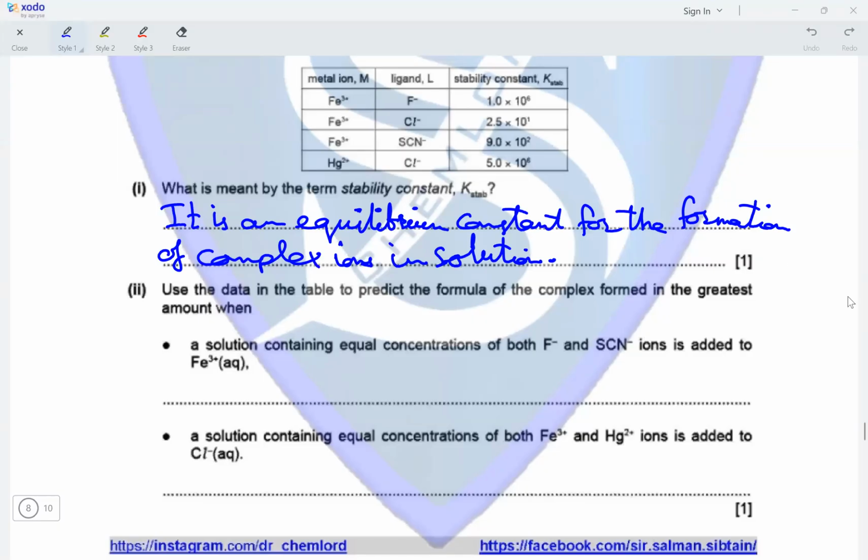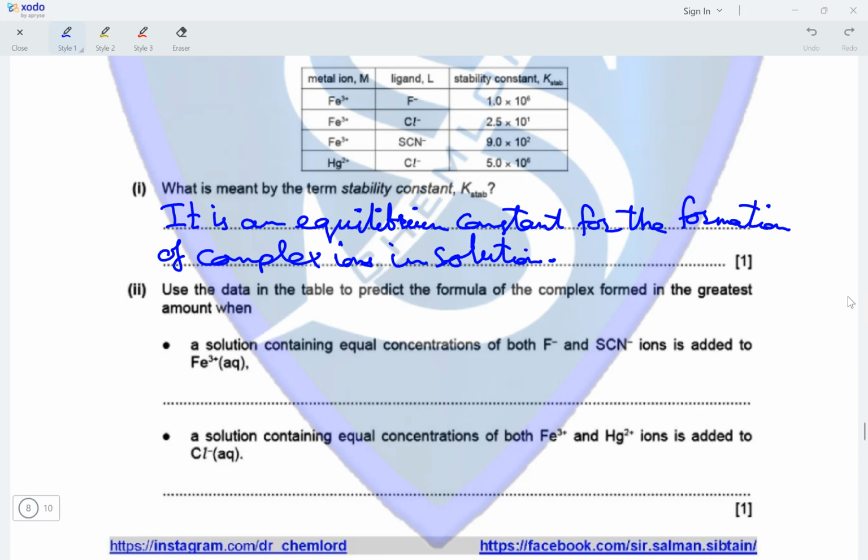Next, use the data in the table to predict the formula of the complex formed in the greatest amount when a solution containing equal concentration of both F negative and SCN negative ions is added to Fe3 plus. So Fe3 plus with F negative has a stability constant of 1 × 10 power 6, and with SCN negative is 9 × 10 power 2.